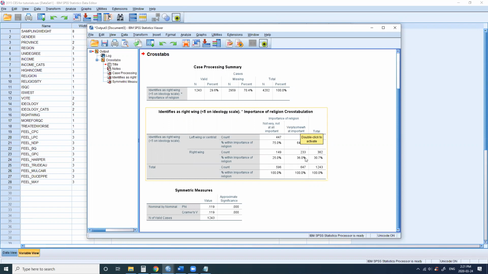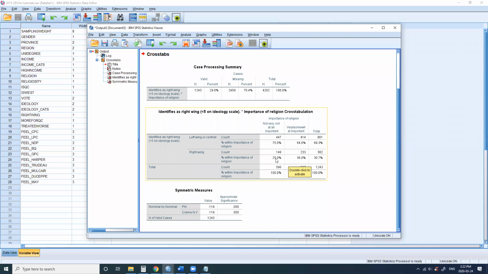So this ideology gap, or this religious gap in right-wing ideological identification, is 11 points. So religious folks, or those for whom religion is very or somewhat important to their life, are 11 percentage points more likely to identify as right-wing than those for whom religion is not very or not at all important.